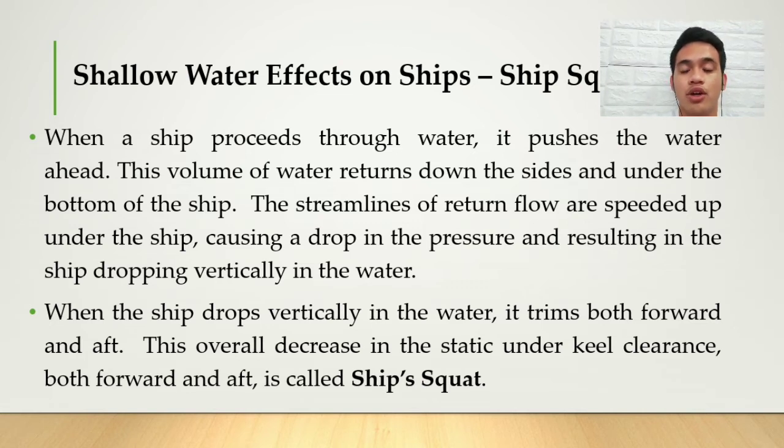The streamlines of return flow are speeded up under the ship, causing a drop in pressure and resulting in the ship dropping vertically in the water. When the ship drops vertically, it trims both forward and aft. Overall, there is a decrease in the static under keel clearance, both forward and aft, and this is called ship's squat.